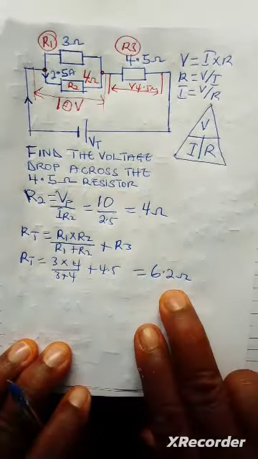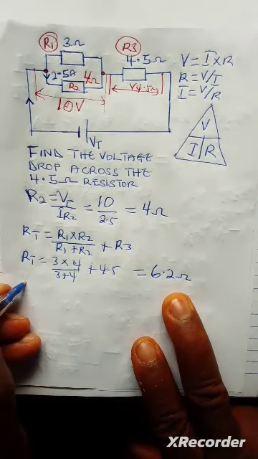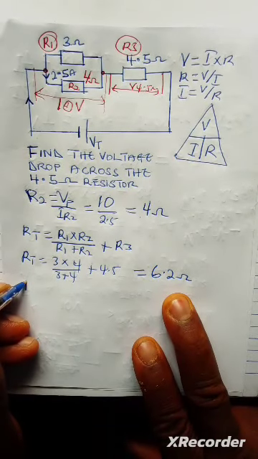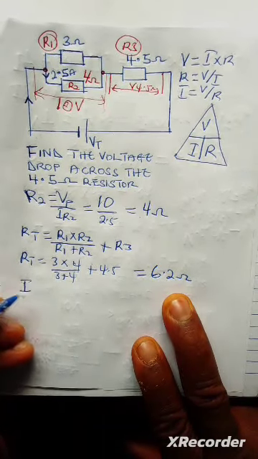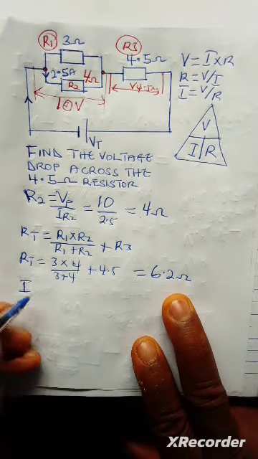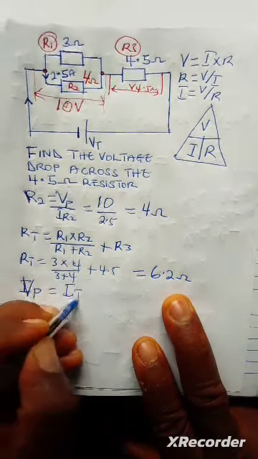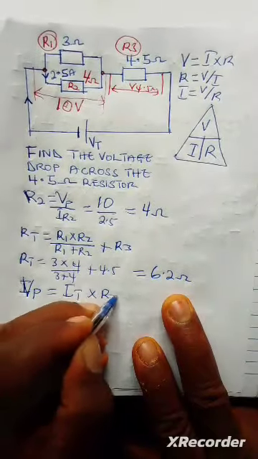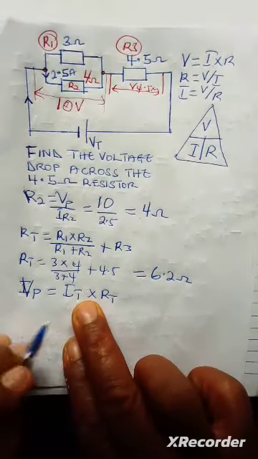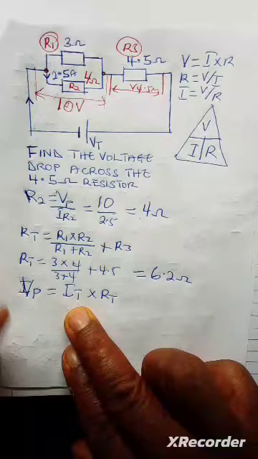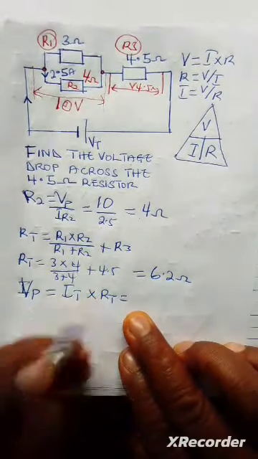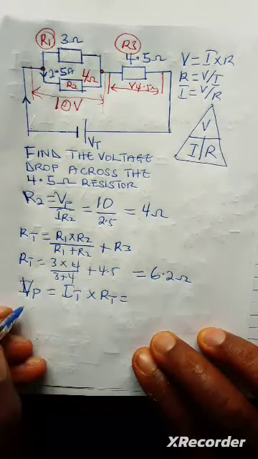Now that we know the total resistance, we can now find our total voltage. So we say total current times total resistance. But remember, the current flowing in R1 is not known. So before we come here, let's see what we can do.